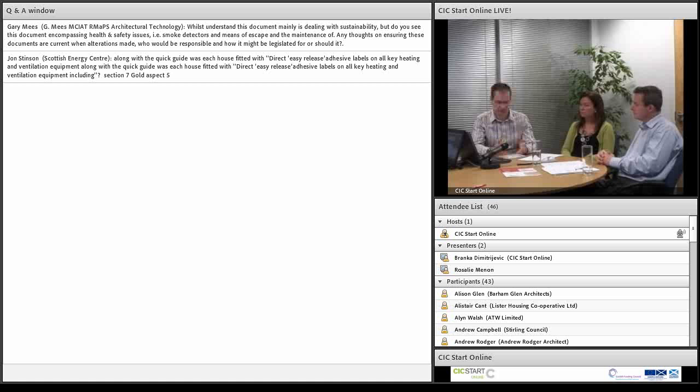So should that kind of information be in the guide? The Scottish Government project said no, it's about energy and it's about efficiency and so on. But my feeling is that at the right level, that information could be incorporated into this.